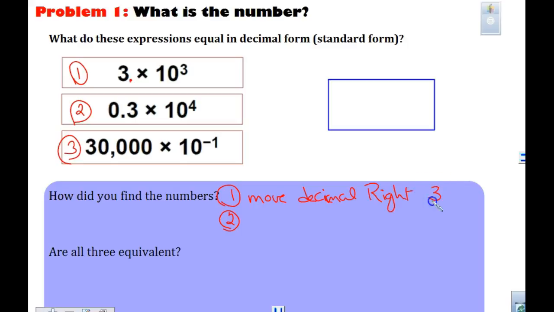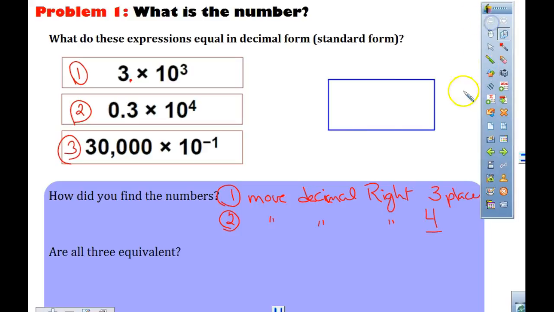And the first one, we would have moved it 3 places. The second one, and sometimes we use these little bold marks to say it's the same as the line above, to the right, only this time it would have been 4 places. What number would we get when you do both those? 3,000. And how about the last one? Would we still get 3,000? Yes.